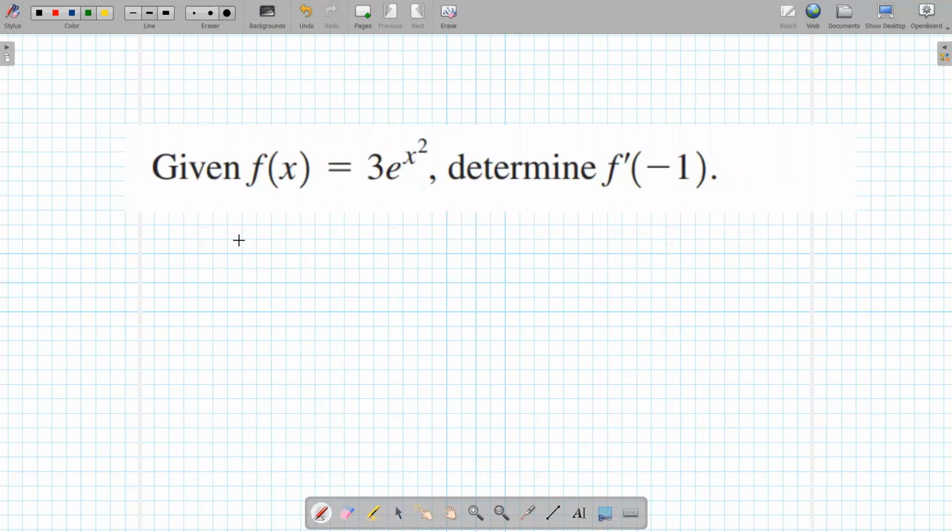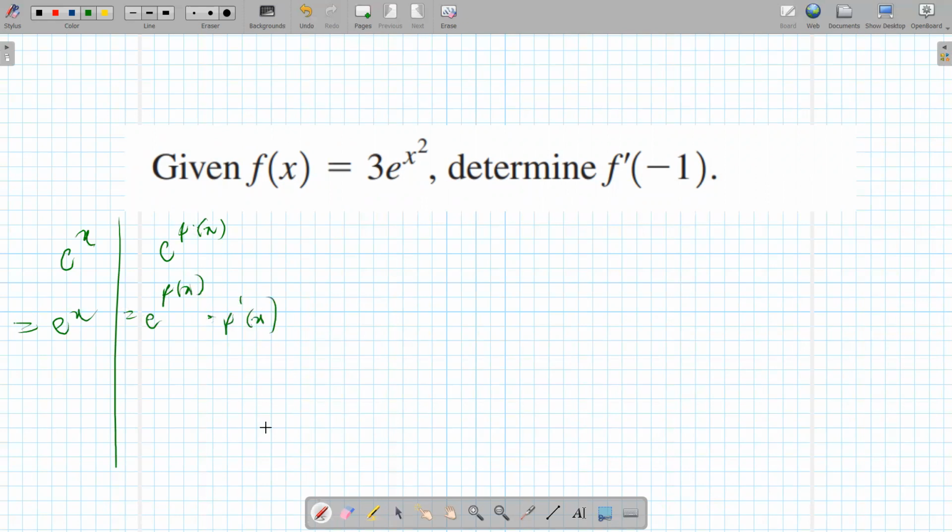All right, this one, they've given us f of x. Again, this is the rule. The derivative of e to the x is itself. I'm not going to apply that to this question, but this one will apply. The derivative of e to the power of some function f of x becomes e to the f of x as it is times the derivative of that exponent. So tell me, if f of x is 3e to the x squared, what's going on in this question? What's going to be f prime of x? By the way, the 3 is just a constant.